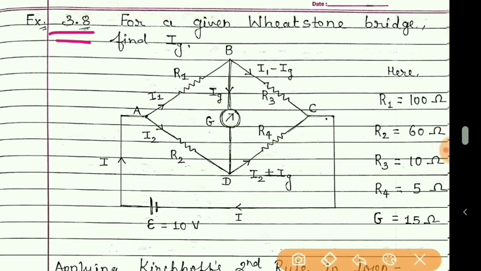In that example, all the currents, that is, the currents in each branch, are asked to be obtained. So students, practice more and more, and then you will find this quite easy. Also, the mathematical steps which I left to you, if you find those difficult, then you can definitely ask me.